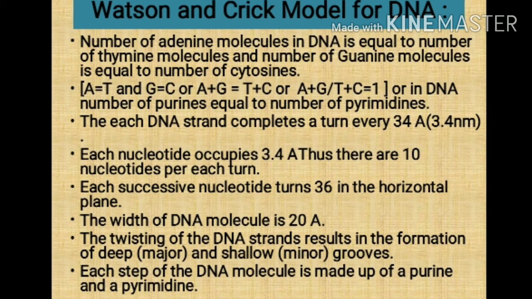One important feature of this model is that the number of purines in DNA is equal to the number of pyrimidines. A plus G is equal to T plus C, otherwise A plus G by T plus C is equal to 1. This is known as Chargaff's rule.